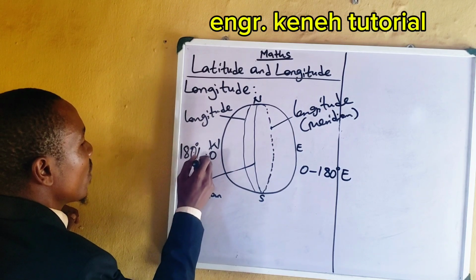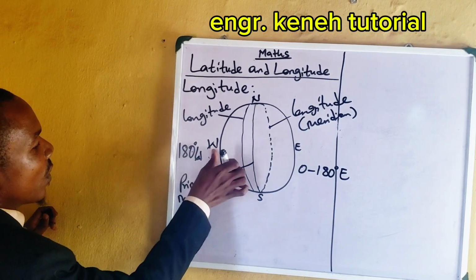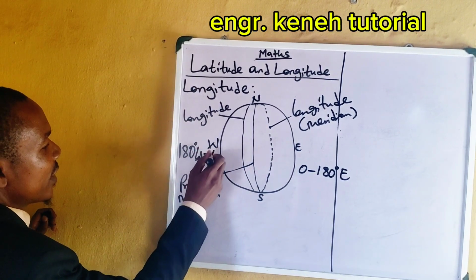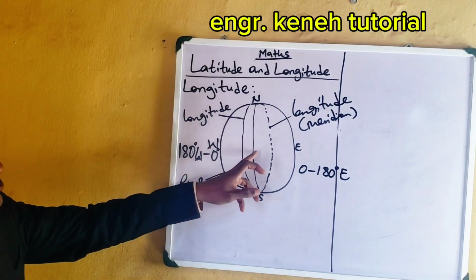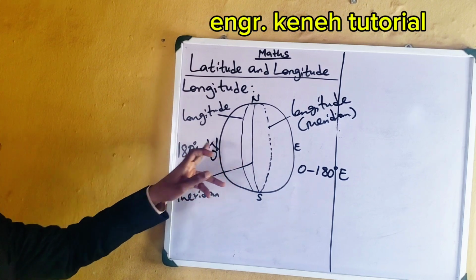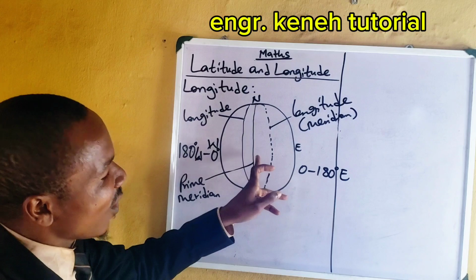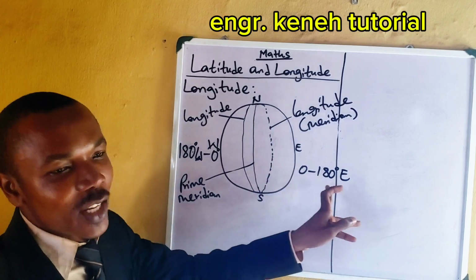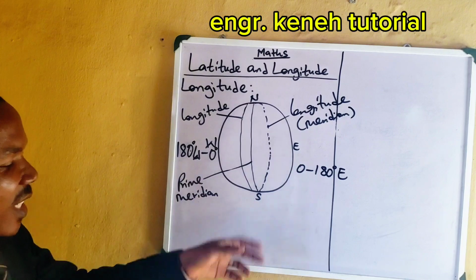We have like this, west. Can you see? From 0 to 180 degrees. So if I'm coming from here now, going towards this, I'll have 1, 2, 3, 4, 5, 6, 7, 8 until I get to 180 degrees west. If I'm coming from here, I'll have 0, 1, 2, 3 until I get to what? 180 degrees east. All right.